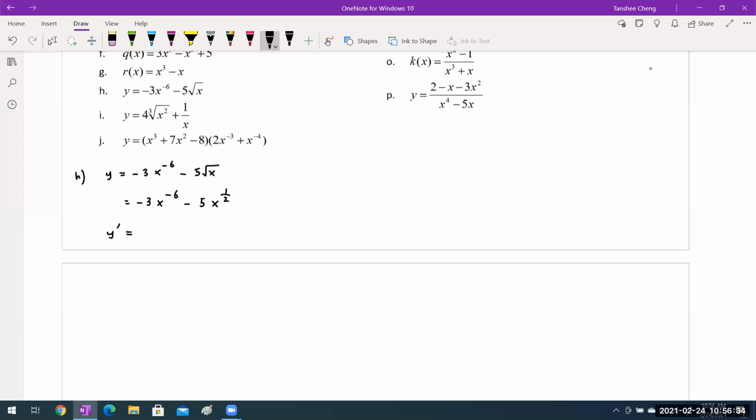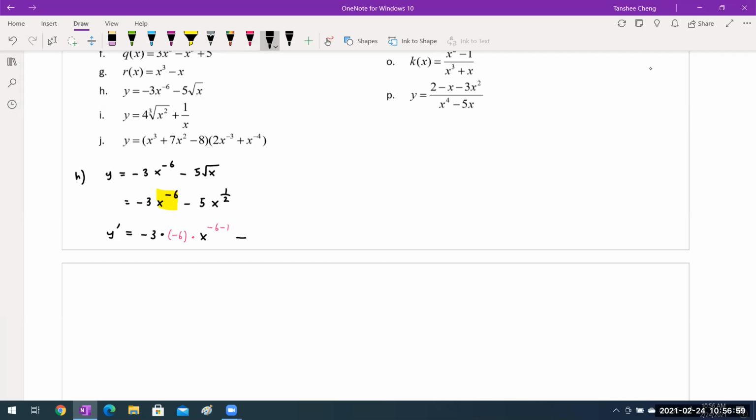I have a constant multiple, so I will write negative 3 times the derivative of the power part only. That will be negative 6, bring down the power, times x to the negative 6 minus 1.